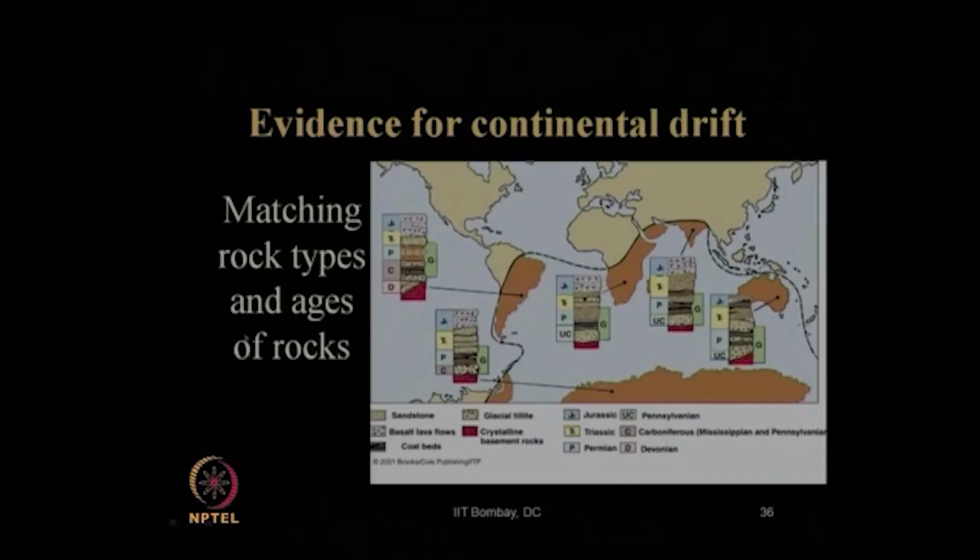Then matching rock types and the ages of the rocks available at various locations. If you look at various parts, like this is the South American plate, these are the types of rocks and their ages.